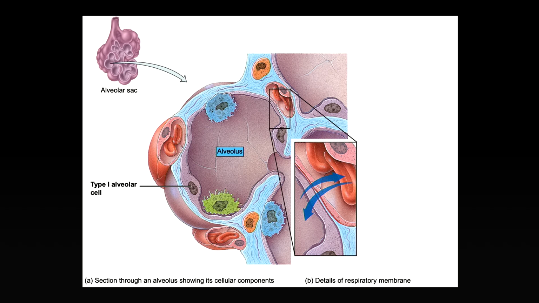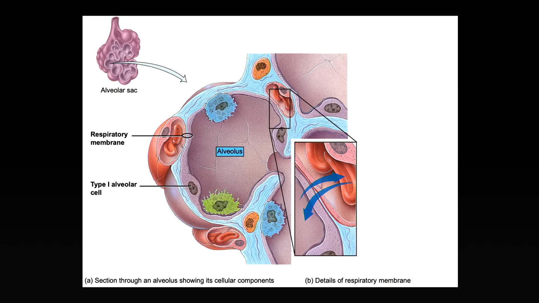And I'm only going through the trouble of differentiating type 1 from the next type because of an interesting characteristic of the second type that we'll talk about later. But type 1 cells make up the tissue in the wall of the alveolus. Maybe 90-95% of the wall is due to type 1 cells. And that membrane, look at how thin that membrane is.